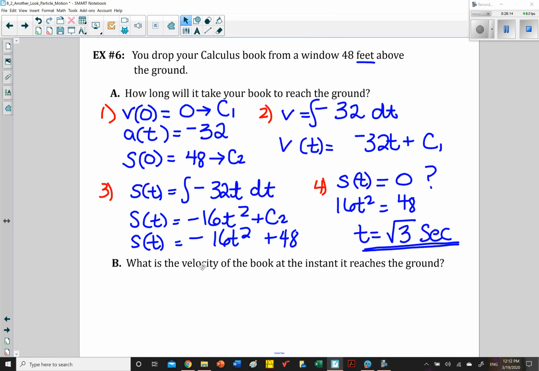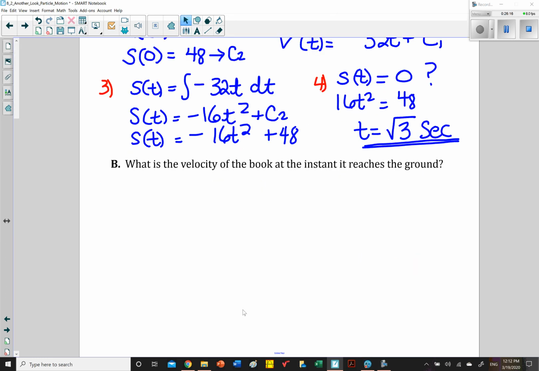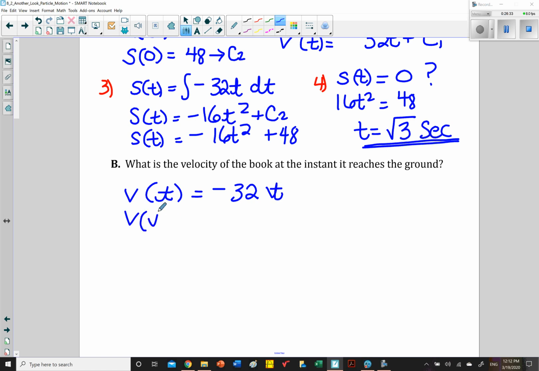Part B, what's the velocity of the book at the instant it reaches the ground? Well, we know what velocity is because we just calculated it. Velocity was negative 32 t, and the velocity at the square root of 3 is going to be negative 32 times the square root of 3 feet per second if you wanted the exact answer.